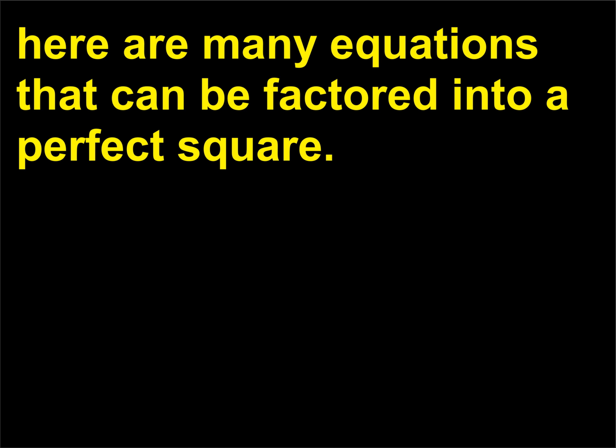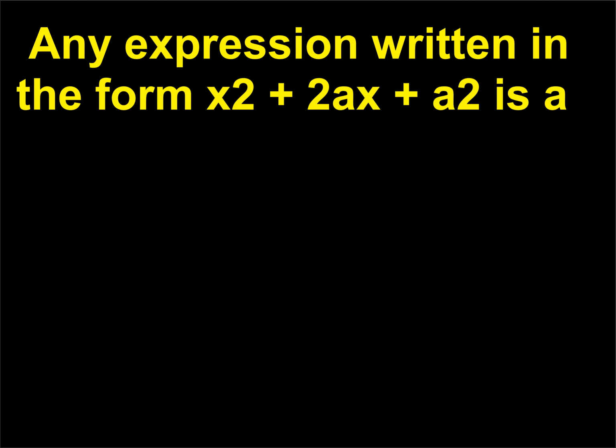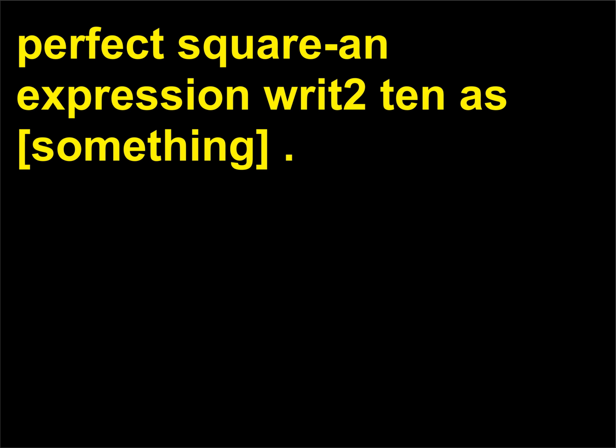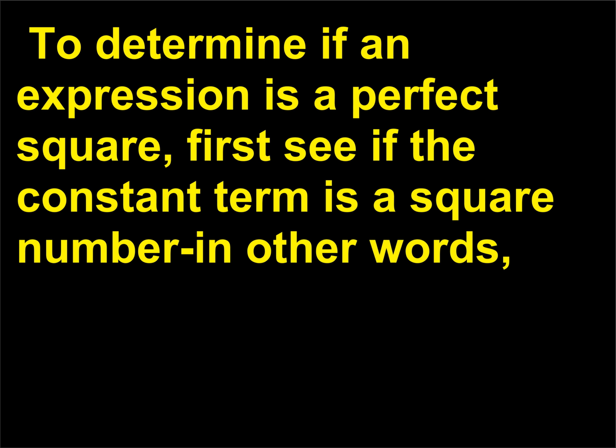There are many equations that can be factored into a perfect square. Any expression written in the form x² + 2xa + a² is a perfect square. An expression written this way can be factored as (x + a)². To determine if an expression is a perfect square, first see if the constant term is a square number.